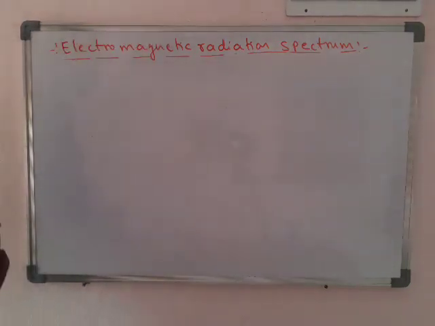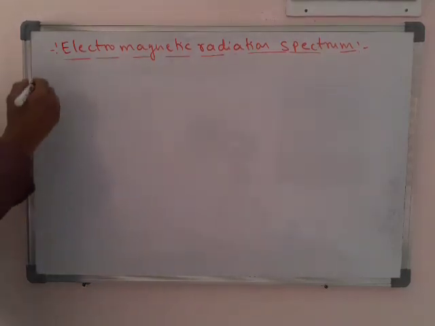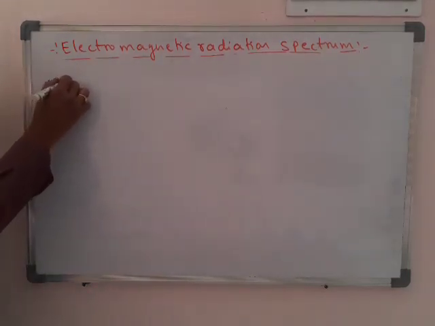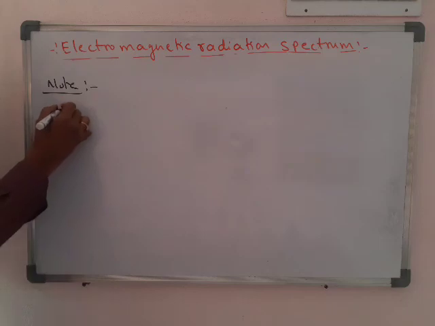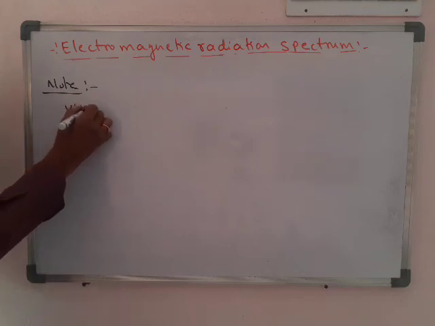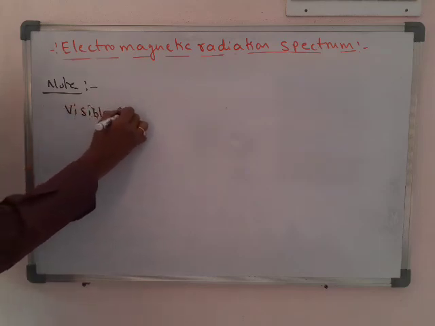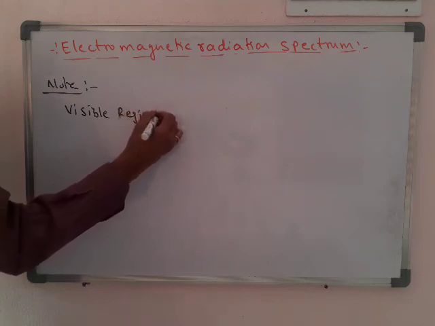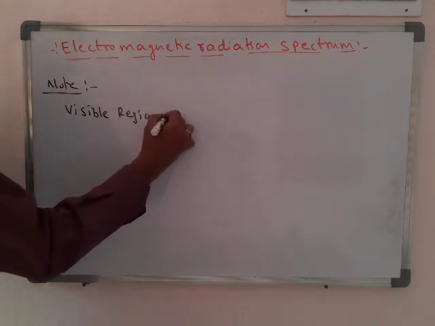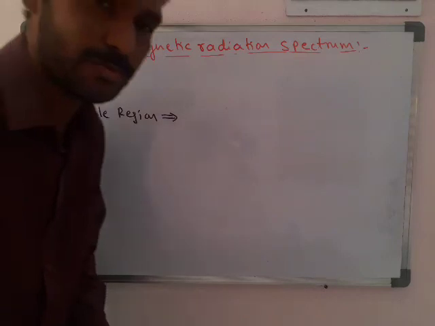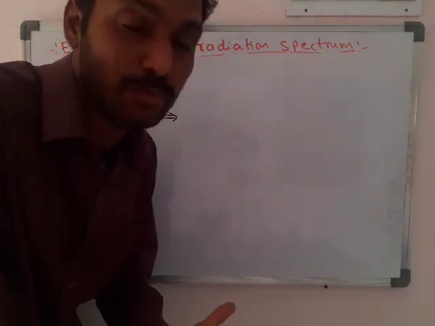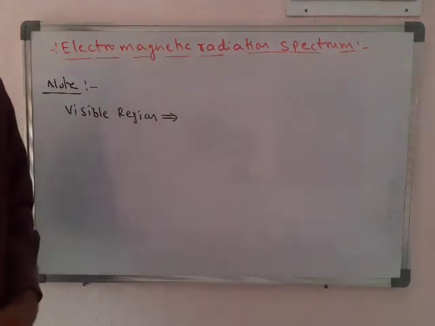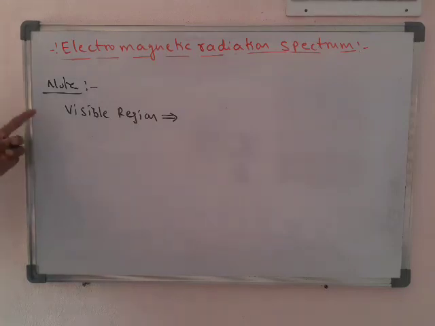Here I will give a little information about the visible region. The visible region means visible rays, the seven colors of VGR, which you observe in a rainbow. This is also known as white light.